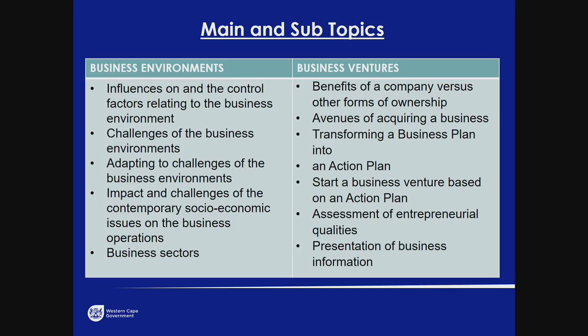Then under business ventures, we have the benefits of a company versus other forms of ownership, avenues of acquiring a business, transforming a business plan into an action plan, starting a business venture based on that action plan, assessment of entrepreneurial qualities, and presentation of business information.